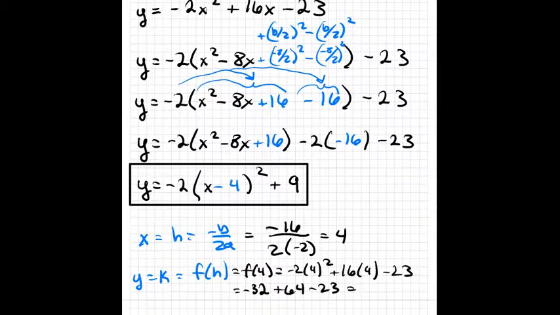And that matches what we have as well. So the vertex ends up being (4, 9). So we found the vertex 2 different ways. You can pull it from the standard form or use the vertex formula, right?